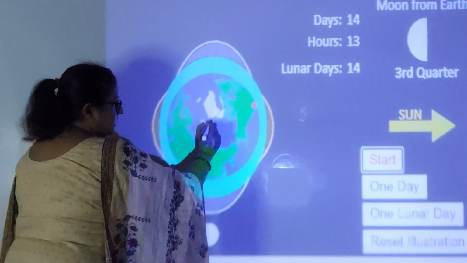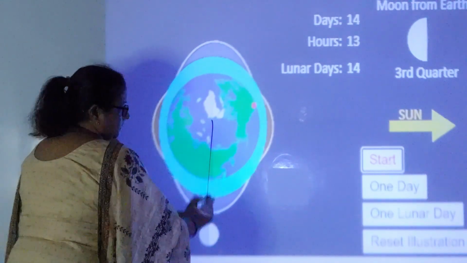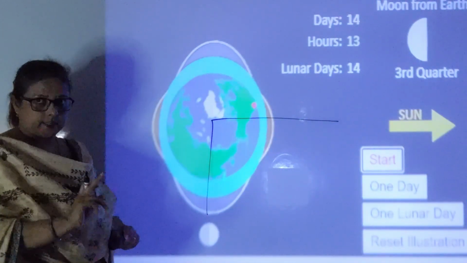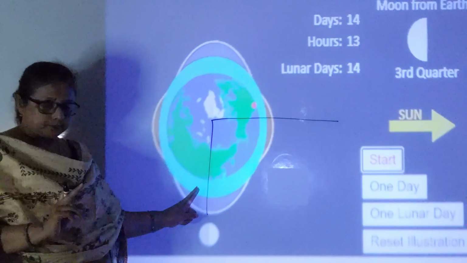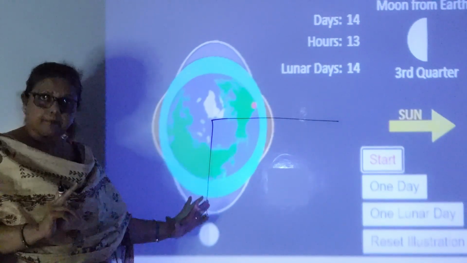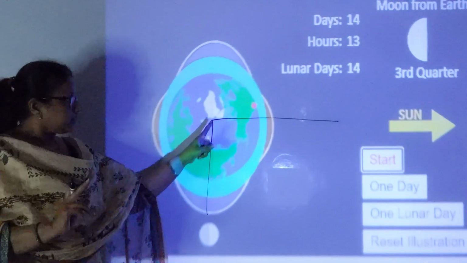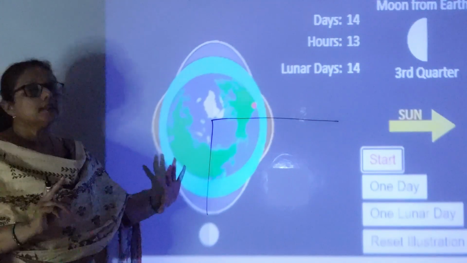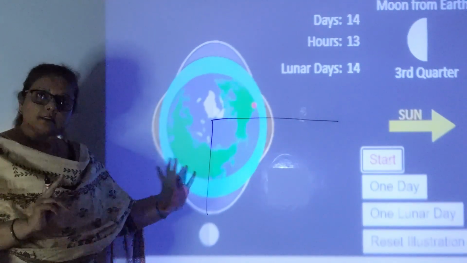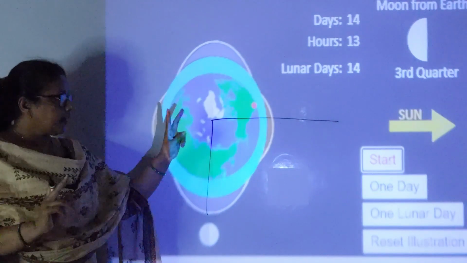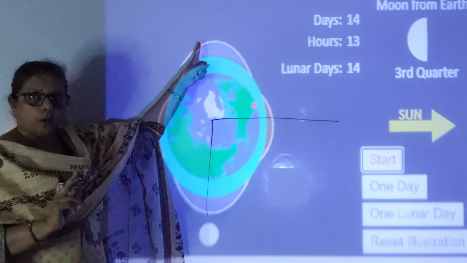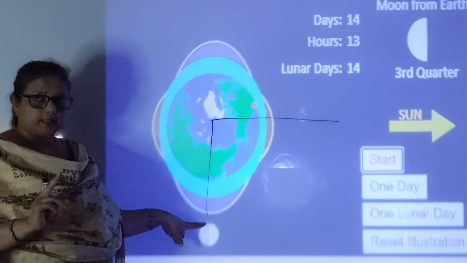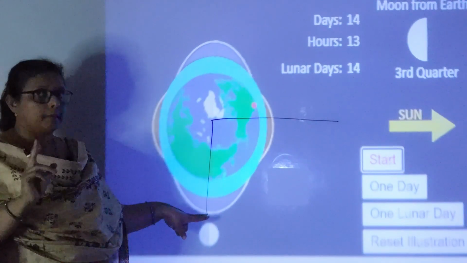So during this time, again we have a neap tide. This neap tide is again lower than the usual low tide. So we have two neap tides, one in the first quarter and another in the third quarter. That means two neap tides a month.